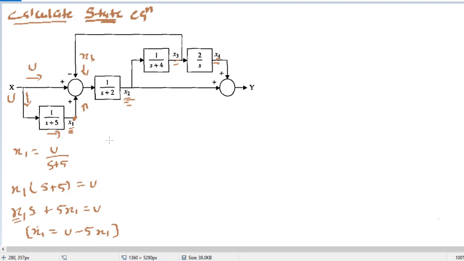So we can write x2 equal to x1, as the sign indicates, the plus sign, so it's positive, plus u and minus x3, and the denominator.